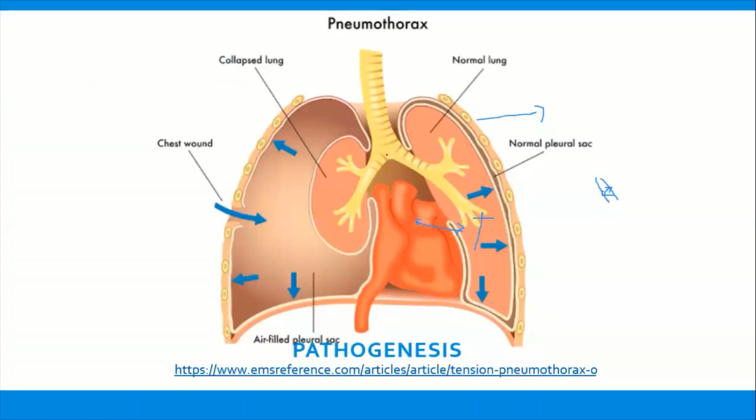So this is again the same picture that we saw earlier. If you see, there is a large accumulation of air here. And what has it caused? It has caused the collapse of this lung. So what happens in this collapsed lung? The air will not be able to circulate. But what happens to the blood? The blood still circulates here.